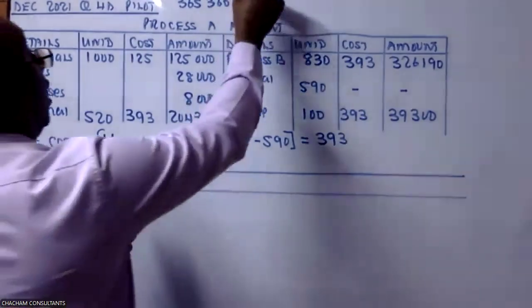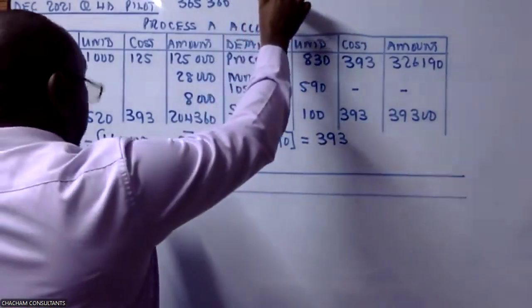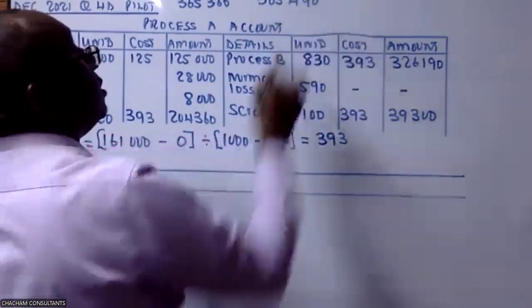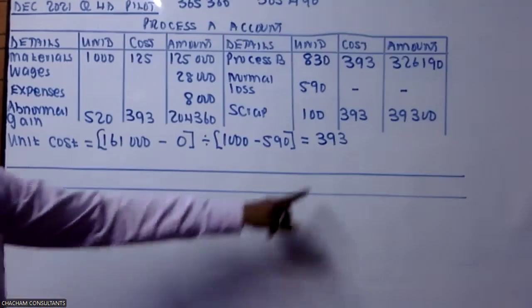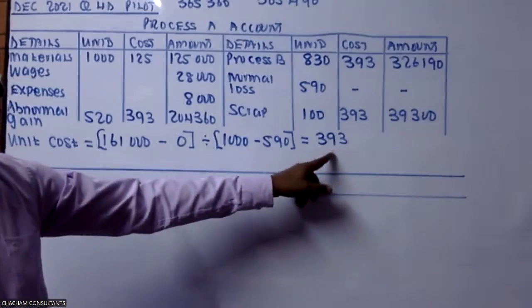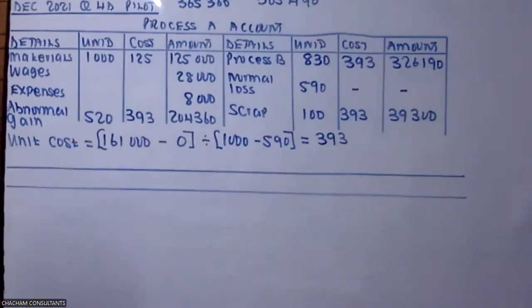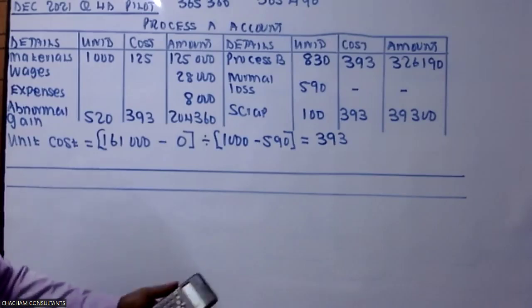So now it comes to 365,490. Can you see that? So the small balancing figure comes from rounding. If you wanted to reconcile, you take these units that are here, 1,000 minus 590, you get 410.